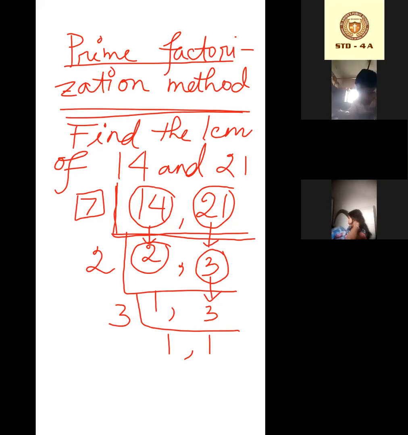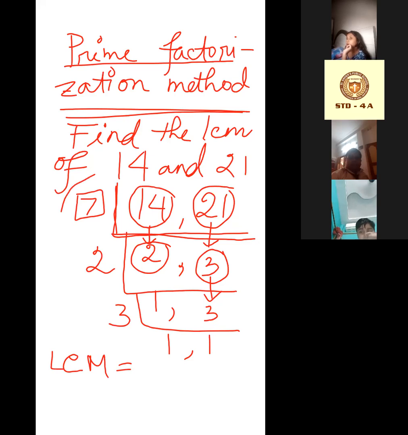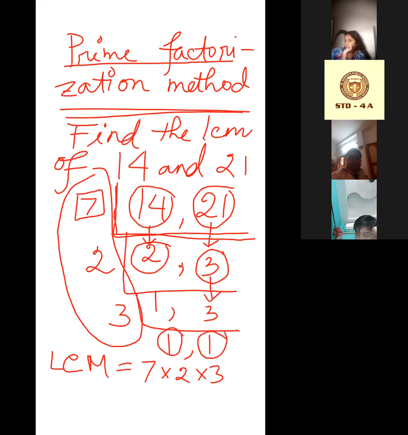Acha, okay, now look at this. So, what will be the LCM? What will be the LCM? Now, look at this. LCM is equal to, we have to just multiply all these things. 7 into 2 into 3 into, then if we take this 1 or if you don't take, no issue.